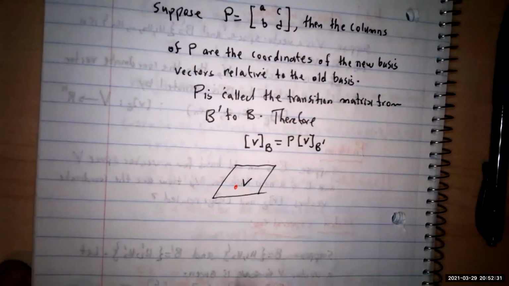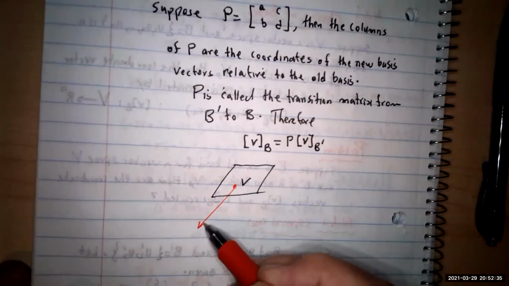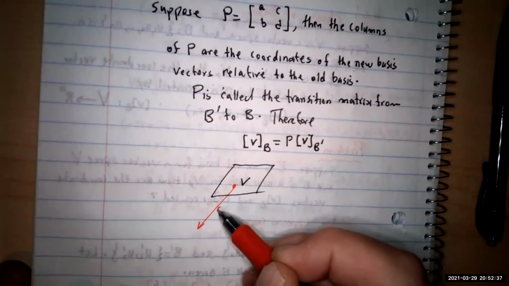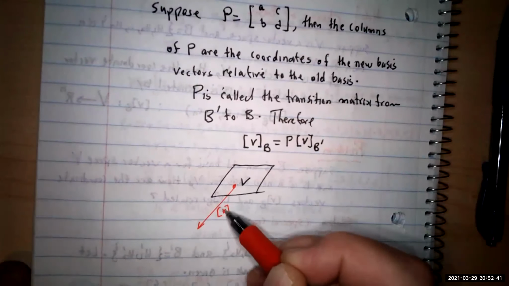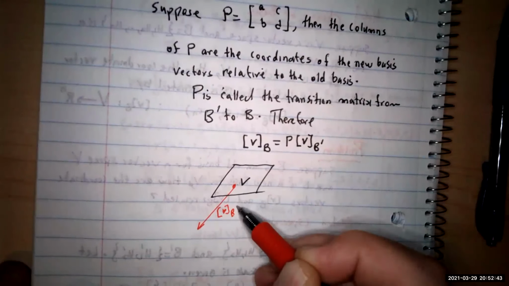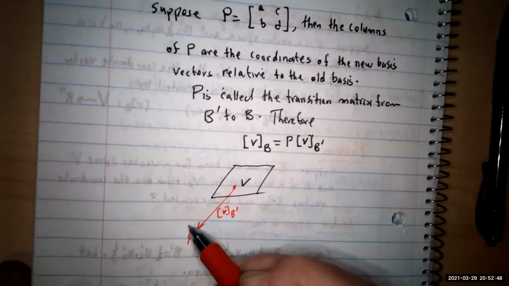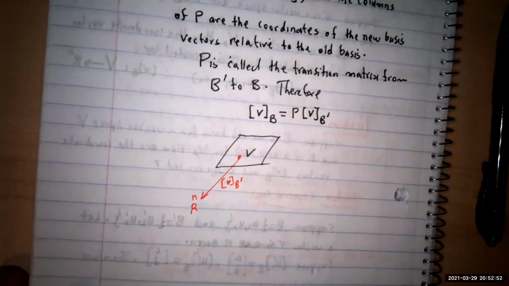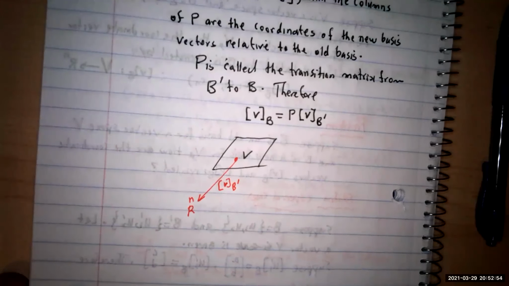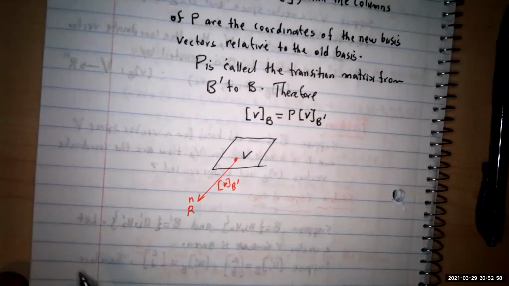You take this one and use the coordinate vector with respect to B prime. That takes you to Rn, because the coordinate vector is just the vector of scalars. So this vector space is going to be a copy of Rn.